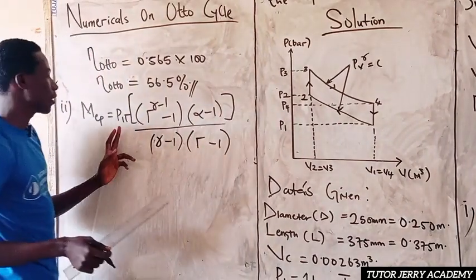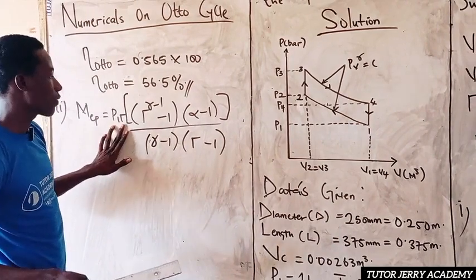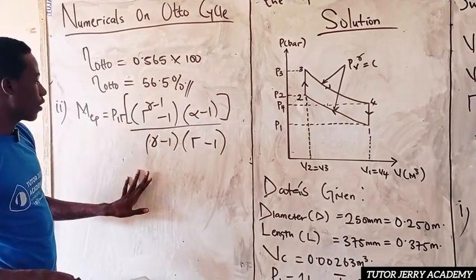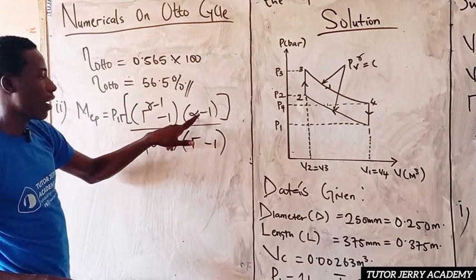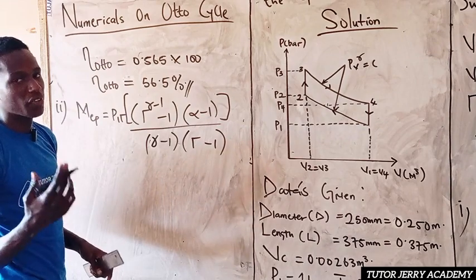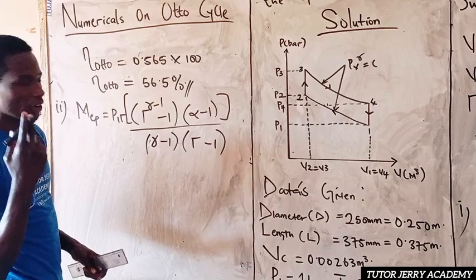Now if you look at this formula, we have the value of P1, the compression ratio, and gamma. What we don't have is alpha. How do we calculate the value of alpha?